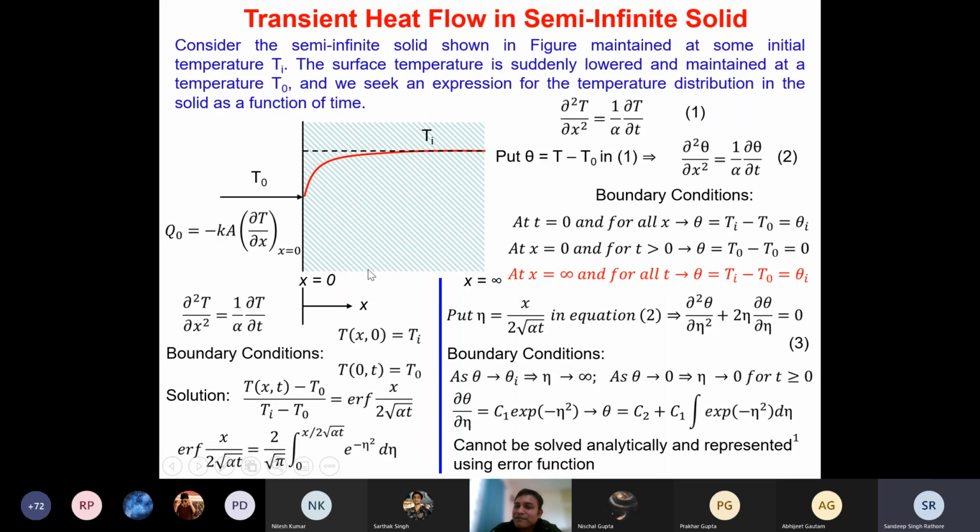Sir, so we have taken x equal to 0 at the surface of the solid. Surface of the solid, correct. Here X equals 0 and along this direction it is X, and the width of the solid is X equals infinity. Does it make sense? Yes, sir. That's why we are calling it a semi-infinite solid.